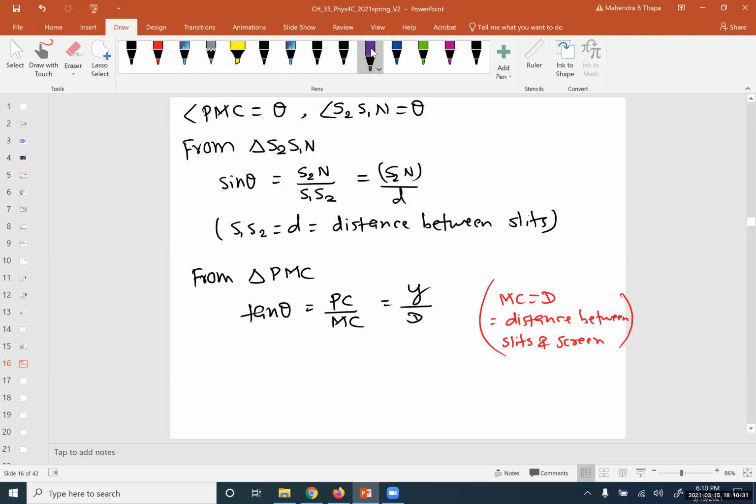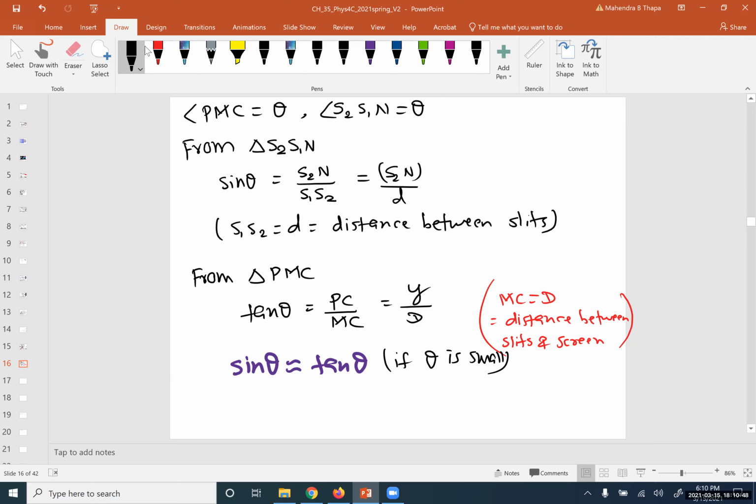For a small angle, we can write sine theta is nearly equal to tan theta if theta is small. This is the small angle approximation.